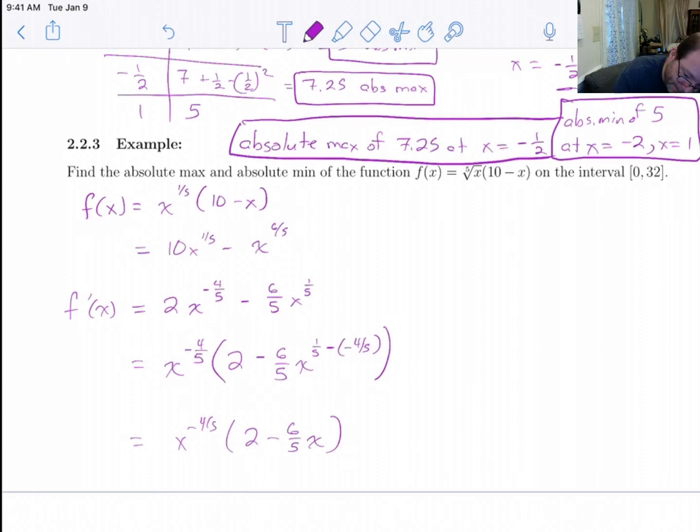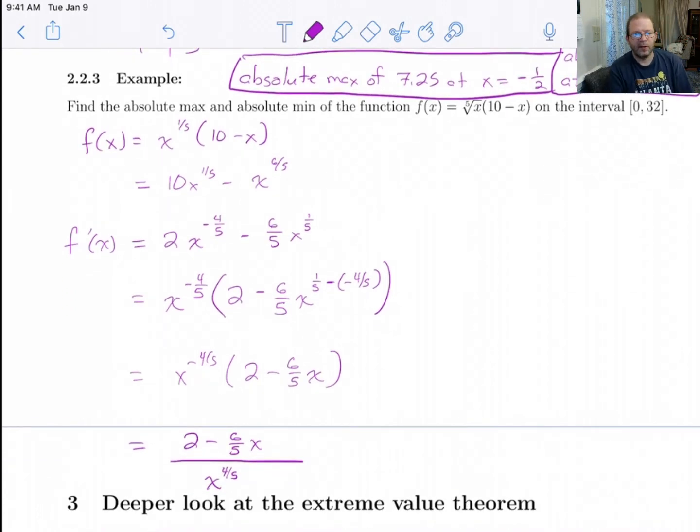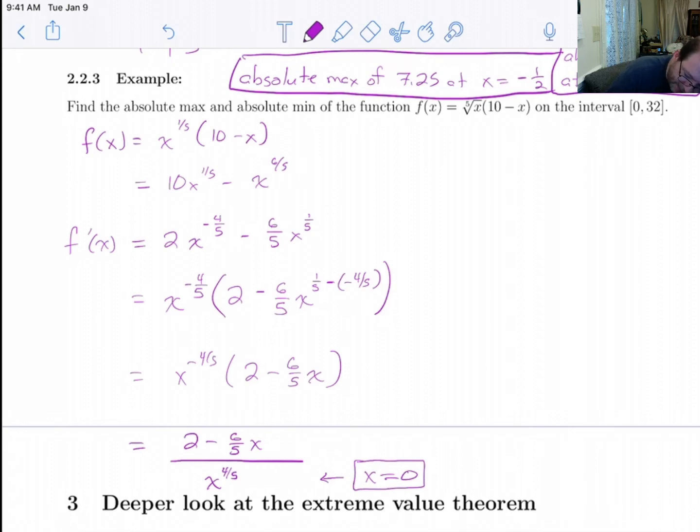All right. This is going to give me 2 minus 6/5 x over x to the 4/5. Now, true, I could factor out a 5 there and do some other stuff, and I could write that x in the bottom as the fifth root of x to the 4th, but I'm not going to. We're going to look at this and just say x equals 0 makes it undefined. And for the top, basically you set the top and bottom both equal to 0.